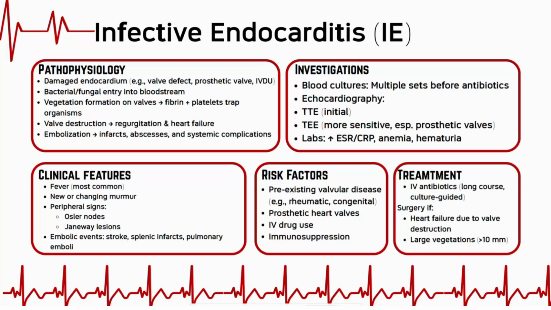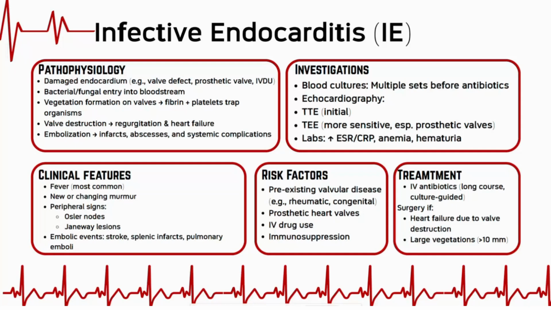Now, when we look at the clinical classification of infective endocarditis, remember it can be acute or subacute. Acute typically develops over a period of days to weeks, and it will give you all the constitutional symptoms like fevers, fatigue, and alongside it, related to the heart, we have tachycardia and progressive damage to the valve especially.